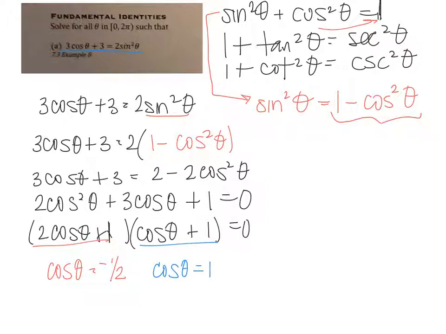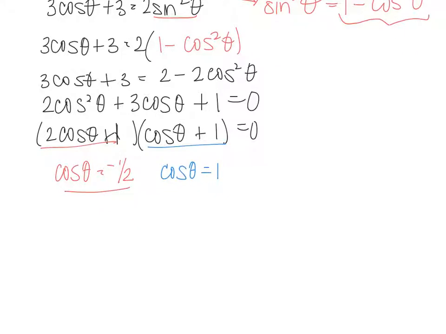So up here, for the cosine theta equal to negative 1/2, I'm going to use the idea, again, that cosine is negative in the second and third quadrant. My reference angle is going to be pi over 3.